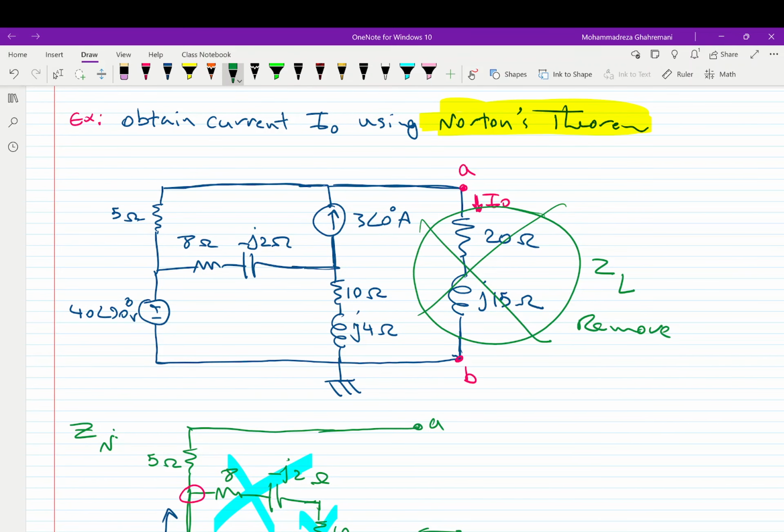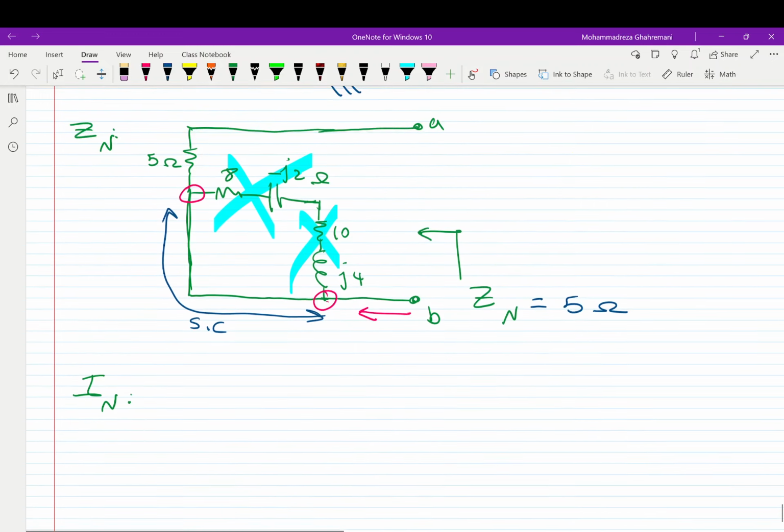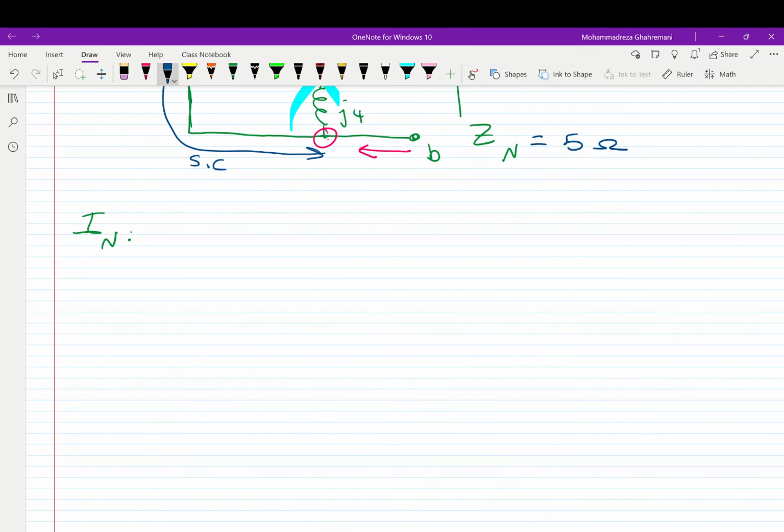We still remove these two elements, as they are the load, and short circuit terminal A and terminal B. So here is the modified circuit. I'm just drawing the circuit with the new configuration.